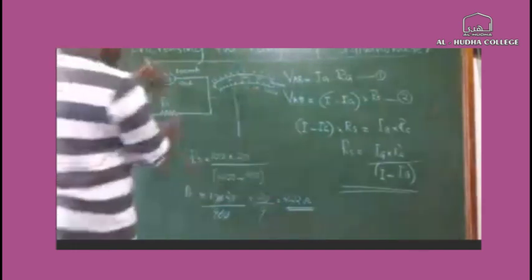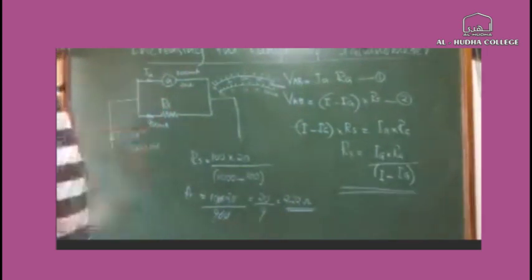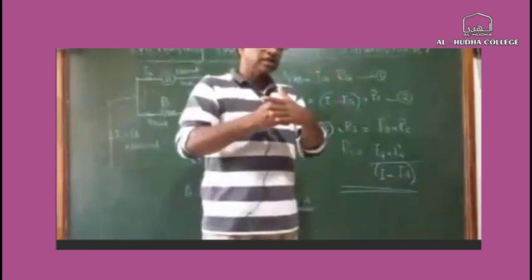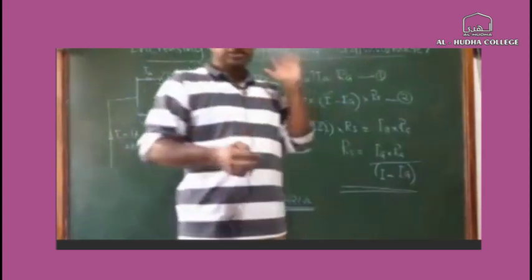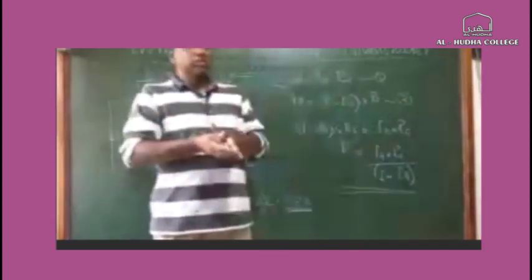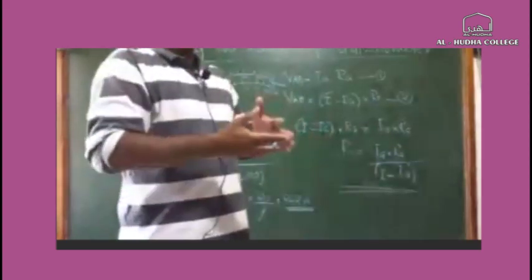So the overall effective resistance is now very much smaller. We know that when two resistances are in parallel, the equivalent resistance is smaller than the smallest resistance in the circuit. In this case, the galvanometer resistance is 20 ohm and the shunt resistance is 2.2 ohm, so the equivalent resistance will be less than 2.2 ohm. Therefore, by connecting the shunt, we are actually reducing the meter resistance.